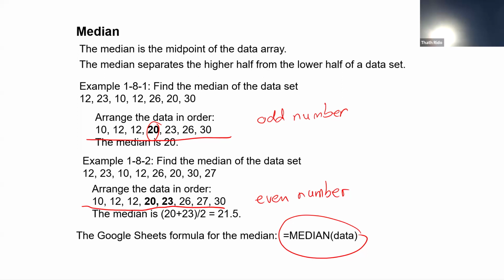But if you do not order, it will be wrong because any number can be in the middle. But when we use Google Sheet for median, we just type equal median and insert the data, and you will get the median. So mean is average, and median is just the exact word median.